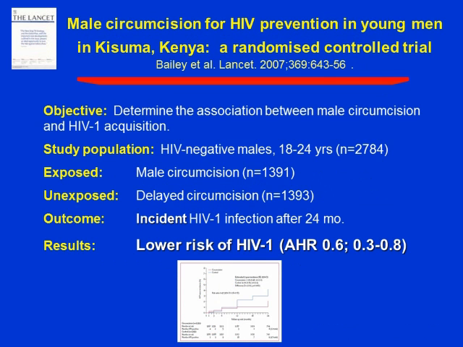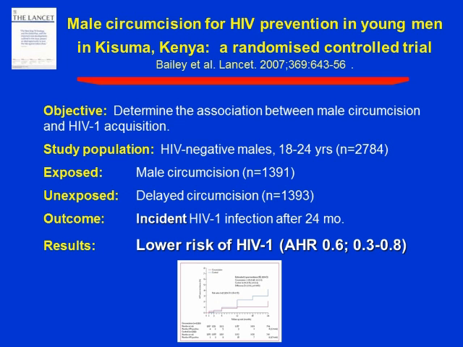And this is our next example of study designs. This was a randomized trial of male circumcision, the first of 3 that have been done. And in this study, very similar to the cohort study we just saw, their study population was all HIV negative men, and then they randomized them to either immediate male circumcision or delayed male circumcision.